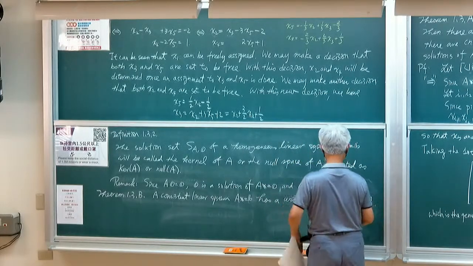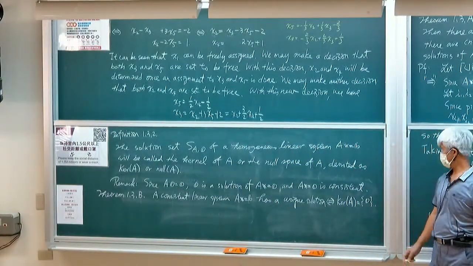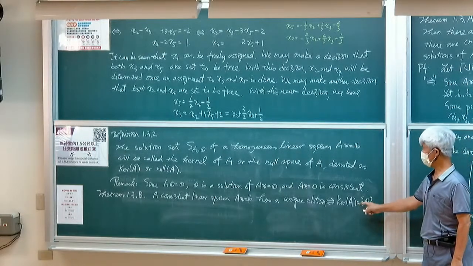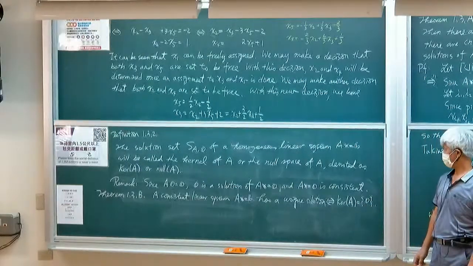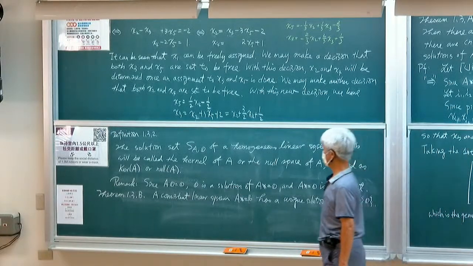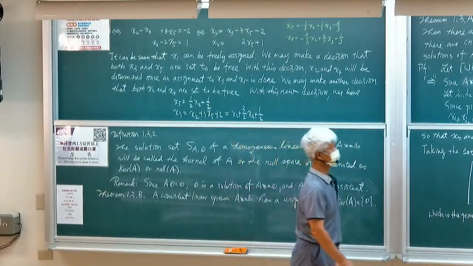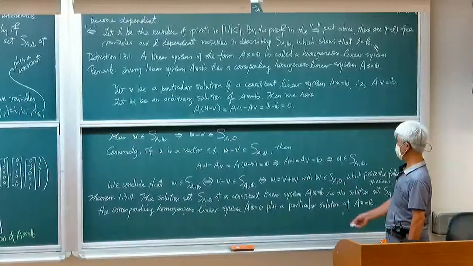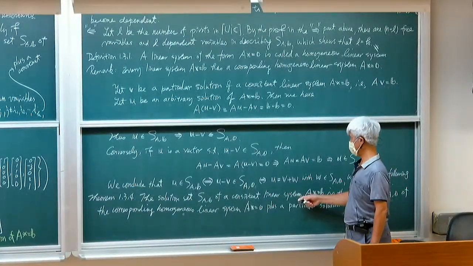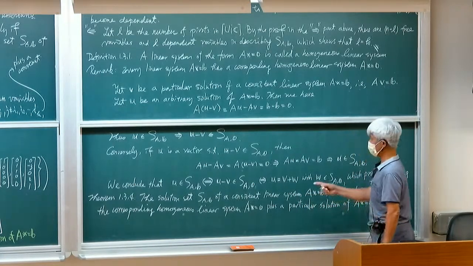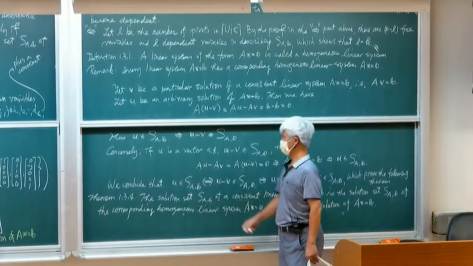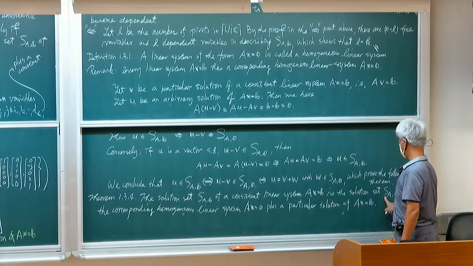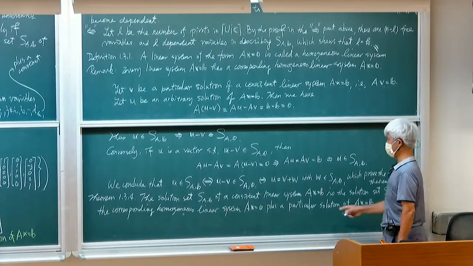The kernel of A is equal to, consists only of the 0 vector. It's a direct consequence of theorem 1.3.4. You know, for any consistent linear system, the solution set is the kernel of A plus a particular solution.